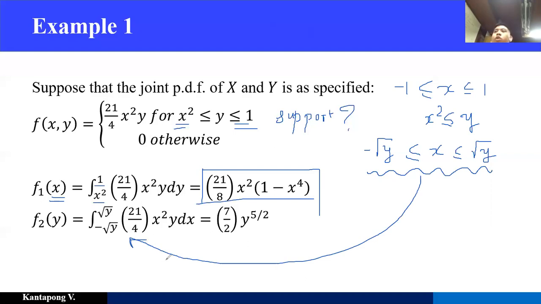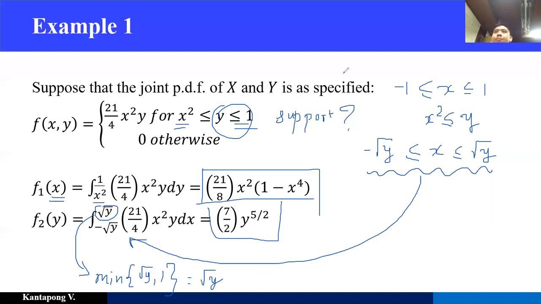If you want to be technically correct, we use the minimum between the square root of y and 1. But we know that y must be less than or equal to 1 anyway, so this is equal to the square root of y. Okay, so we get this as a function of y.